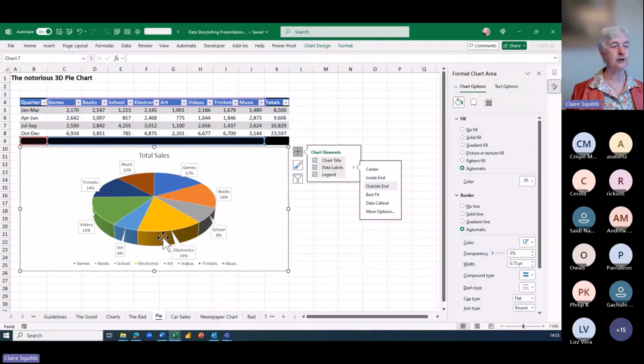Quite often they're trying to make the slice in the front look better than it is. So it's something to bear in mind. So I'm going to move on from there. Be careful about that one.